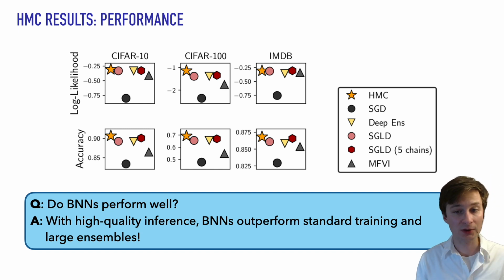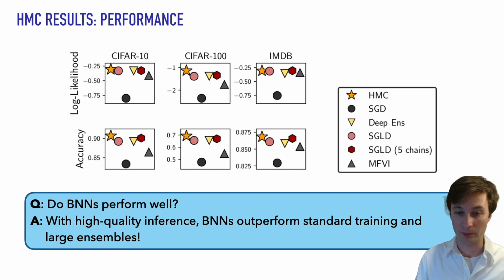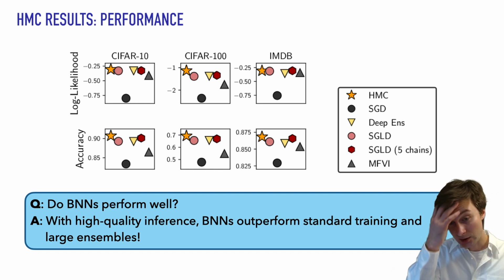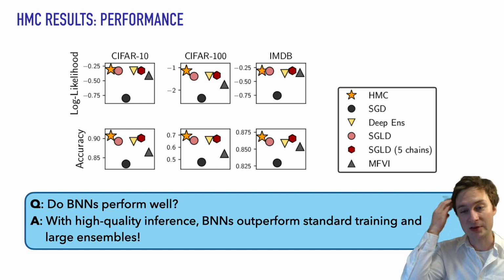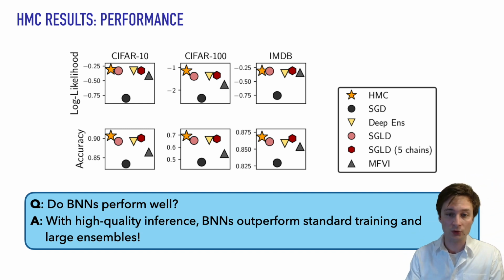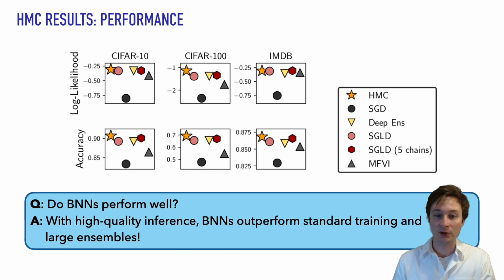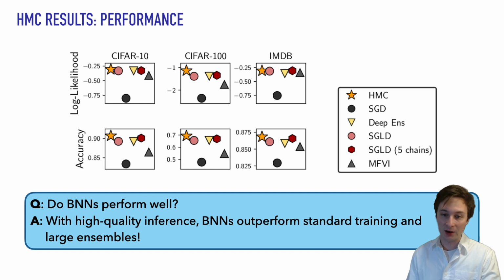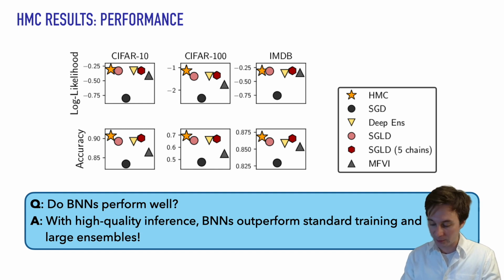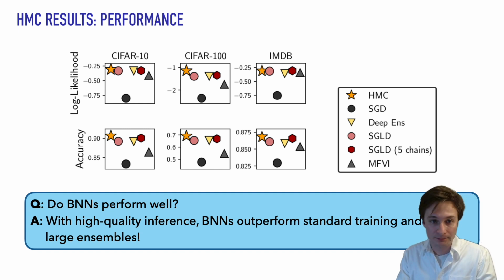As I mentioned, this is not a statement that this is a practical method, because HMC is extremely expensive, and even the deep ensembles are orders of magnitude cheaper than the HMC here. But it is a statement about the properties of the true Bayesian neural network. So the true BNNs are actually interesting. If we are able to run them, they are producing good solutions.